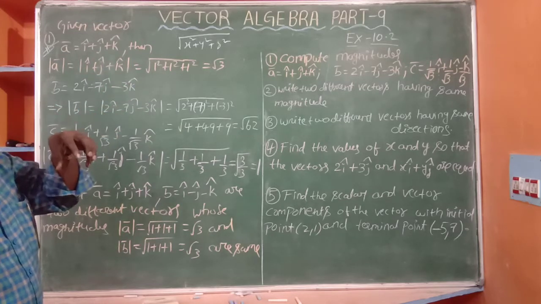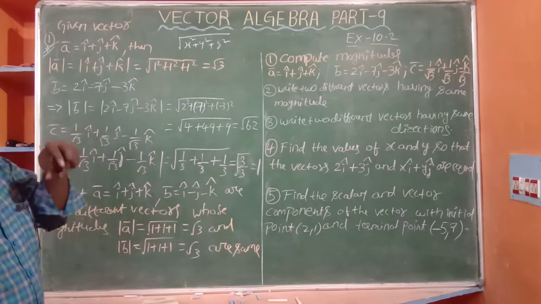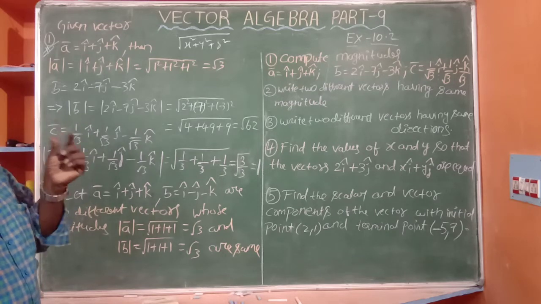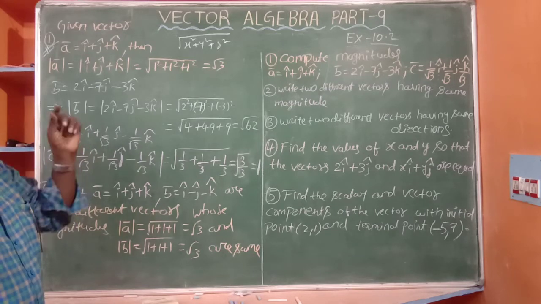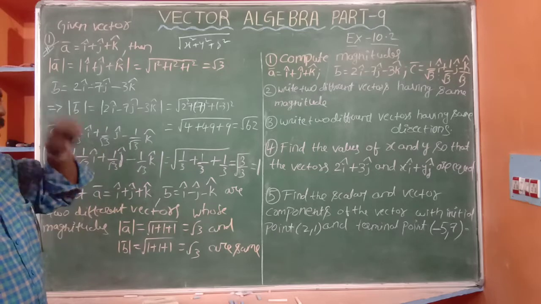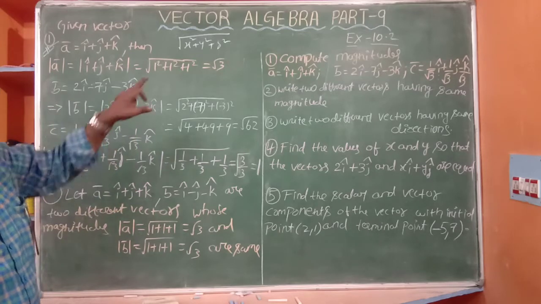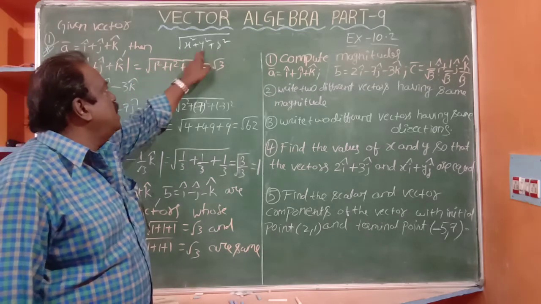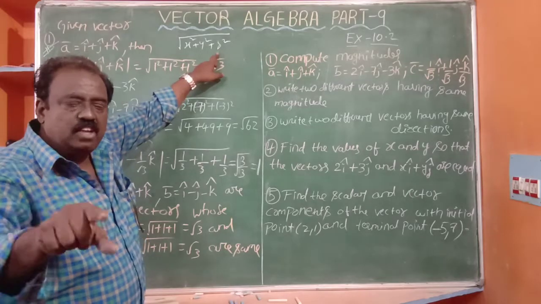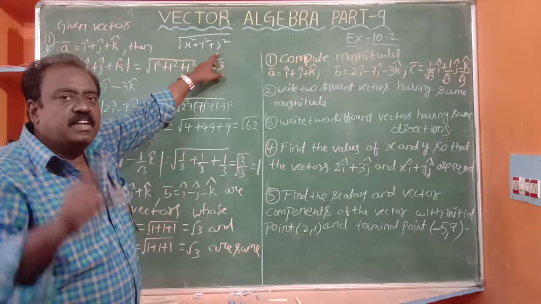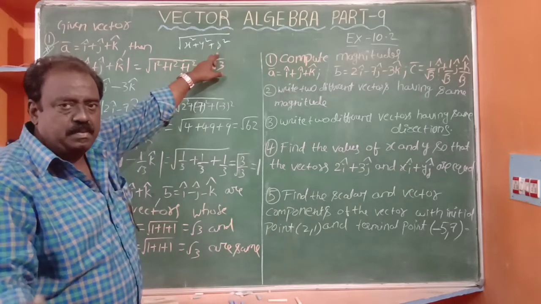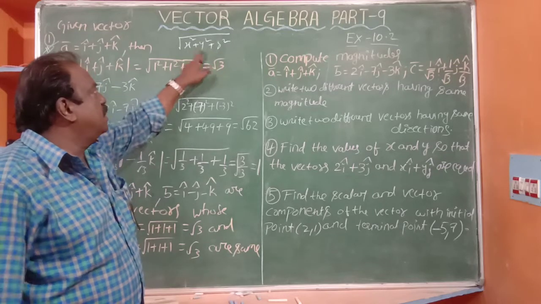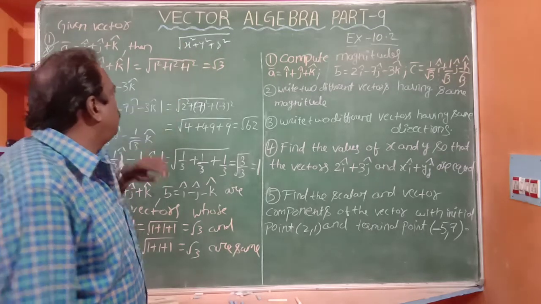The modulus of a vector, the length of a vector, is the positive square root of the sum of squares of components. x, y, z are the components of xi cap plus yj cap plus zk cap. This formula is known.